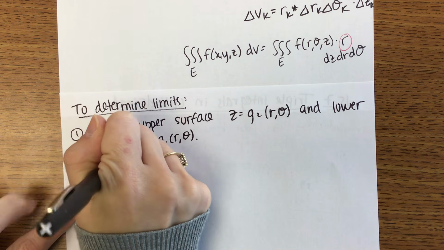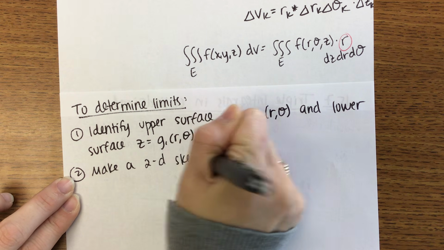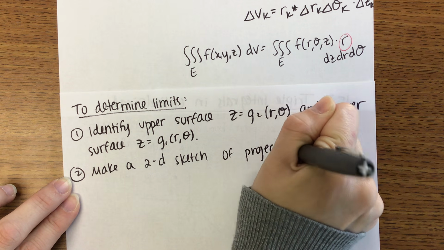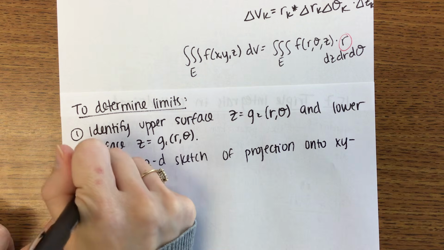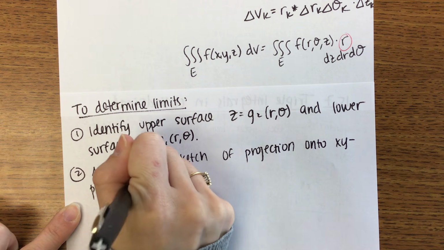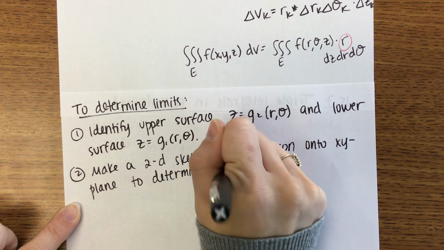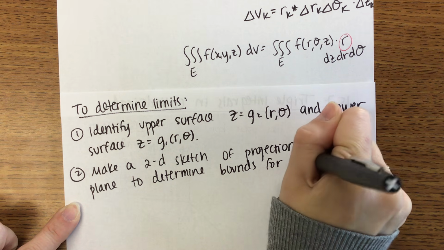Next, you are going to make a 2D sketch of the projection onto the xy plane. And that is to help you determine the bounds for r and theta.